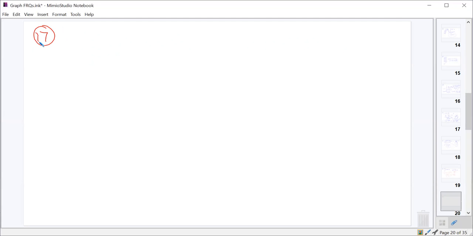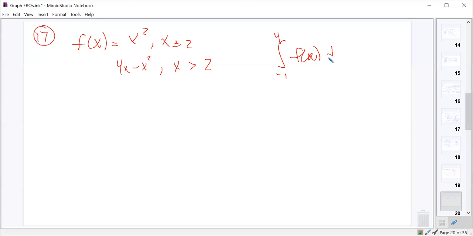All right, so for 17, we're looking at the function f of x, which is equal to x squared if x is less than or equal to 2, and 4x minus x squared if x is greater than 2. We're looking for the integral from -1 to 4 of f of x.